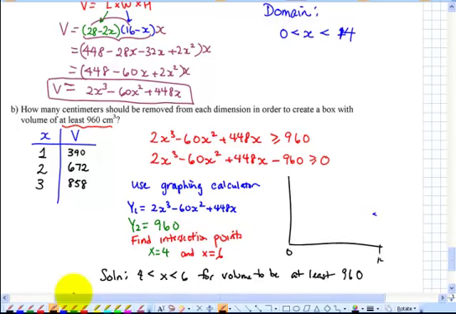Here's 0, here's 14. Here's my y1 equation. Here's my y2 equation. And then here's my intersection points, 4, 6, 960. There you go. Now we've done chapter 3.